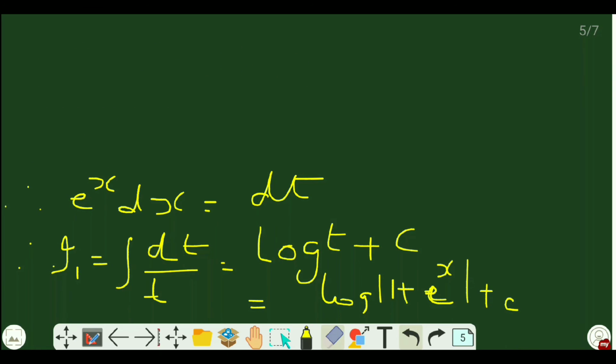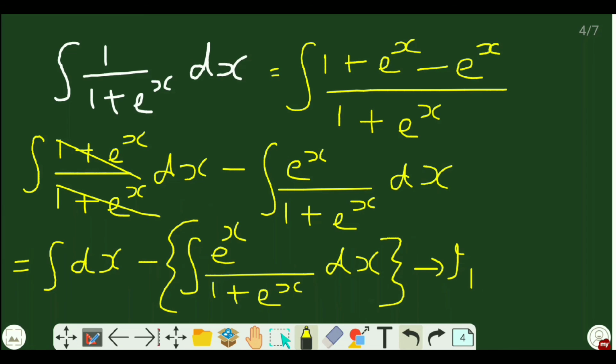So our answer becomes like this now. The first term was just the integral of dx, so that answer is x.